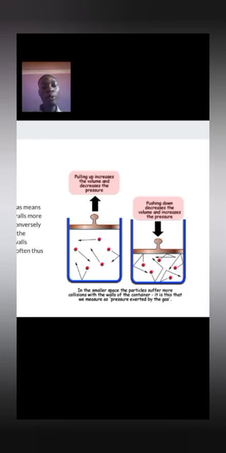So when you increase the volume, the molecules can move freely. You see all these red dots; let's consider them as balls. When you increase the volume, you give them space to move freely and move slower.